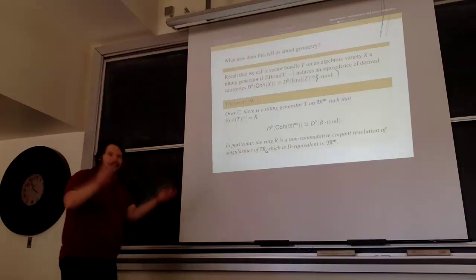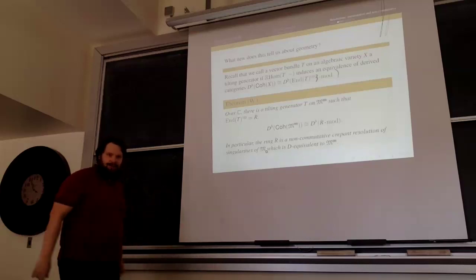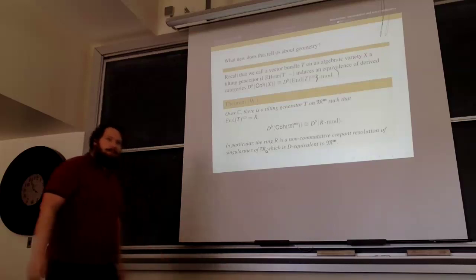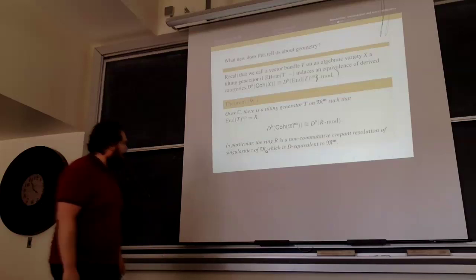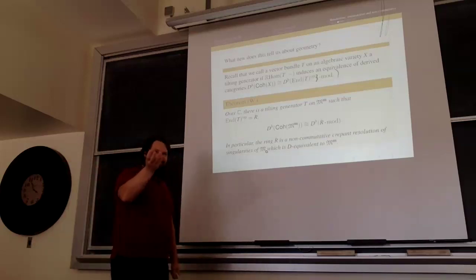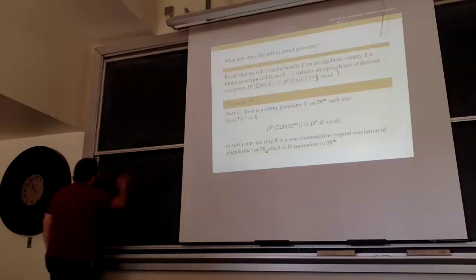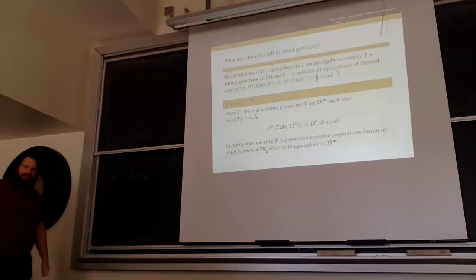And it behaves like the coherent sheaves on a Crepant resolution of singularities homologically. A map of rings from, sorry, you're asking if I have a commutative ring and a non-commutative Crepant resolution of singularities, usually what you would expect is that the commutative ring is gotten from the non-commutative one like this for some particular idempotent.